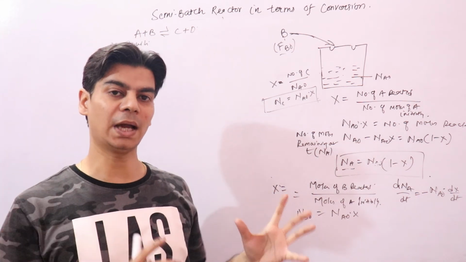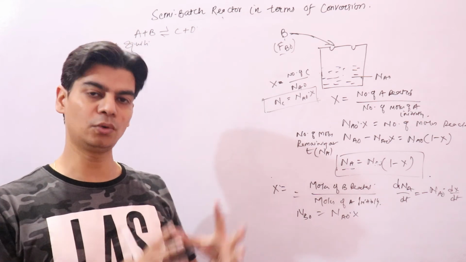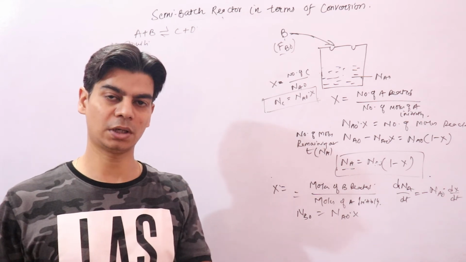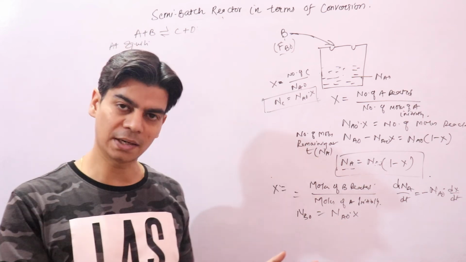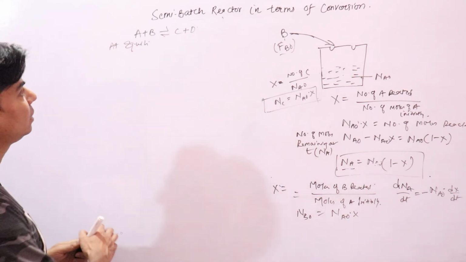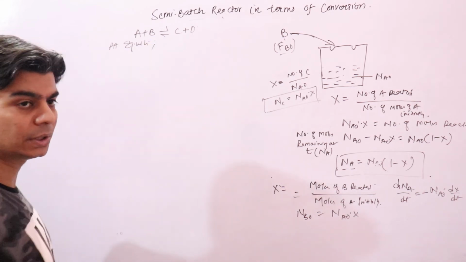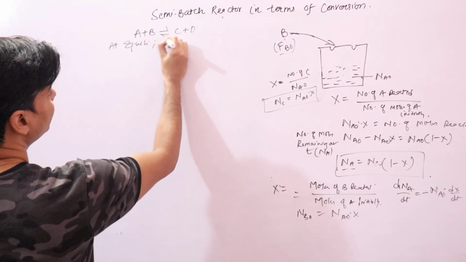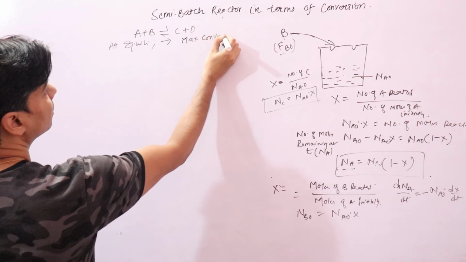That means the amount of reactants converting into products is equal to the amount of products converting back into reactants. So at equilibrium you have maximum conversion, and we have to calculate that conversion.